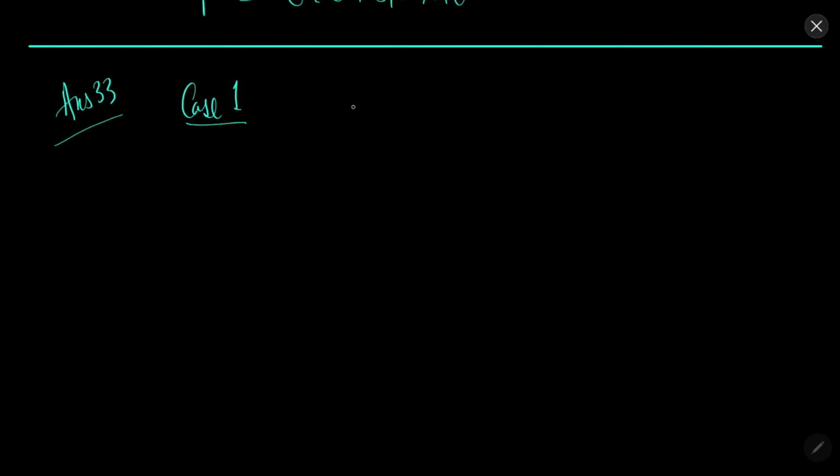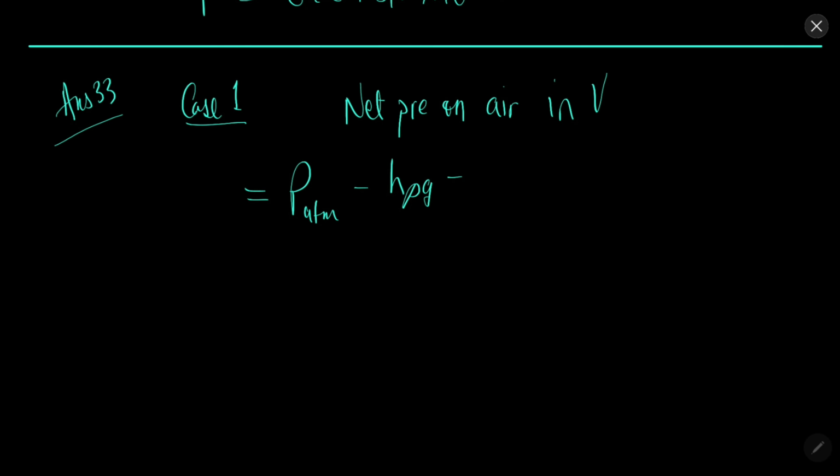Case 1, net pressure on air in volume V equal to atmospheric pressure minus H rho G. So it will be 75 into density of mercury minus 10 into density of mercury.